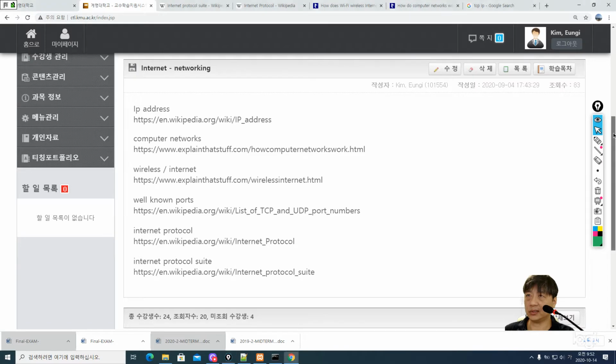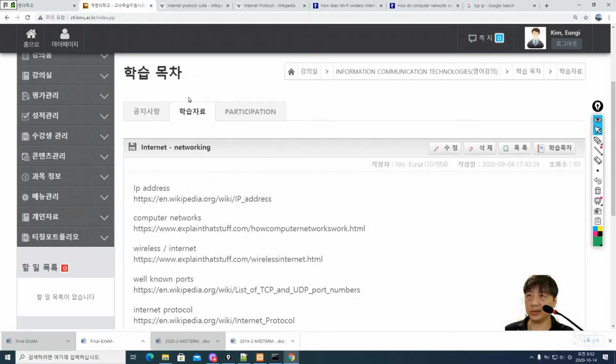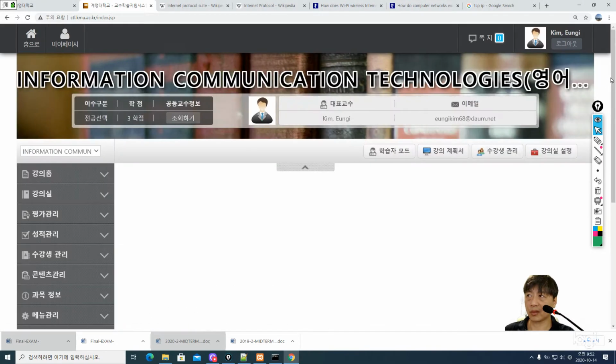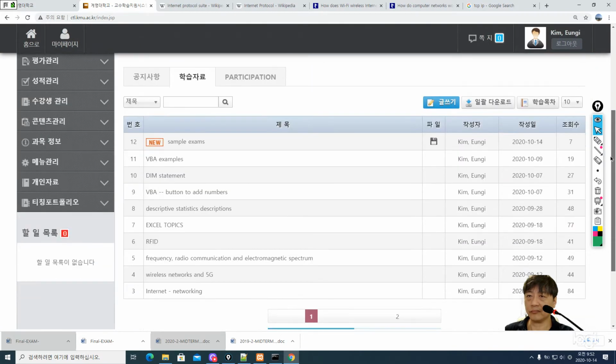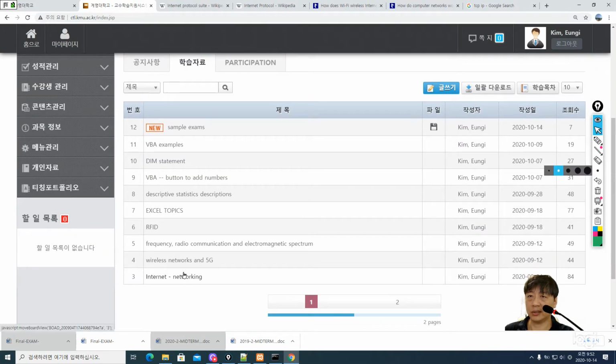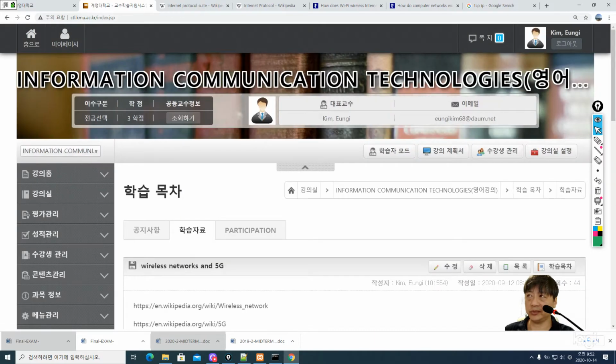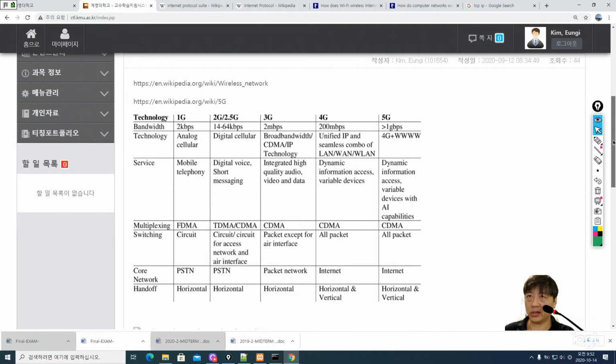Then let's go to the next one. The number 4, wireless networks and 5G. Okay, here I would pay attention to the bandwidth, speed, any type of networks. You need to pay attention to the bandwidth or the speed, data rate, or similar stuff.